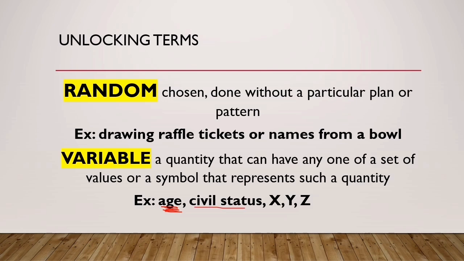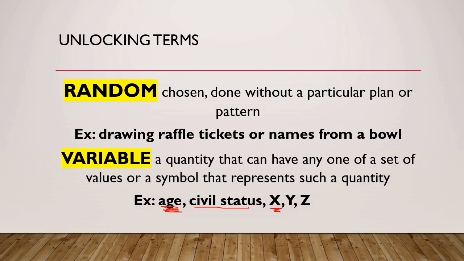Another one, civil status. A variable can have any one of a set of values. Example, civil status is either single, married, separated, or widowed. Another one, we have here x.